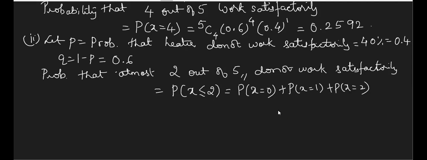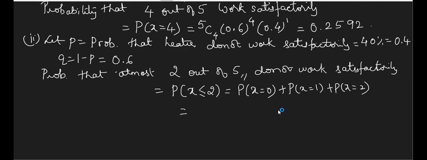Suppose I take the complement, what do I have to take? 1 minus probability of X greater than 2. Greater than 2 means how many values again? 3, 4, 5. So on both sides it is 3 values only. So not to worry.